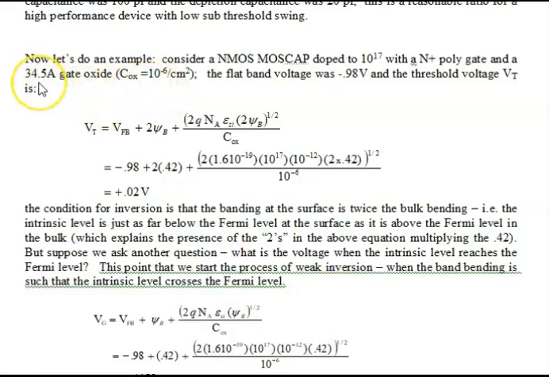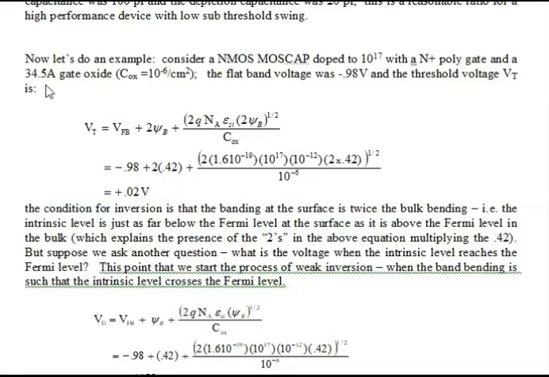This is a relatively thin gate oxide. Just to give you an idea, this is about 35 atomic layers. There are 10 angstroms per nanometer. Therefore, we know that there are 10 to the 9th nanometers per meter, that's 1 billion nanometers per meter.